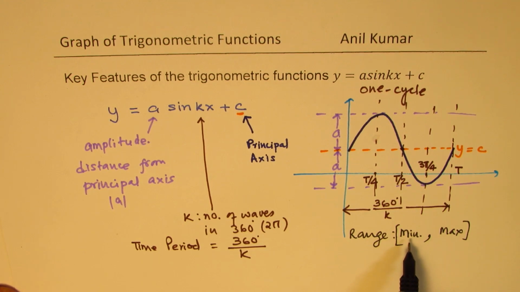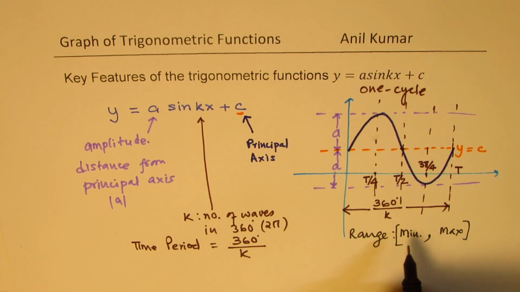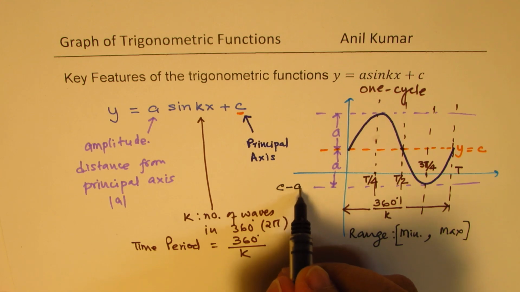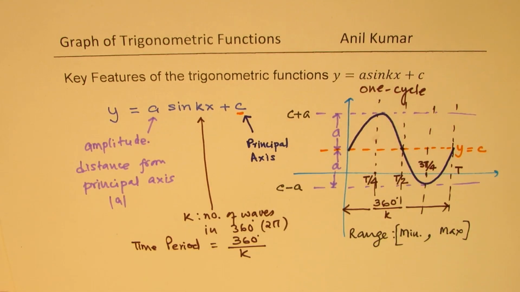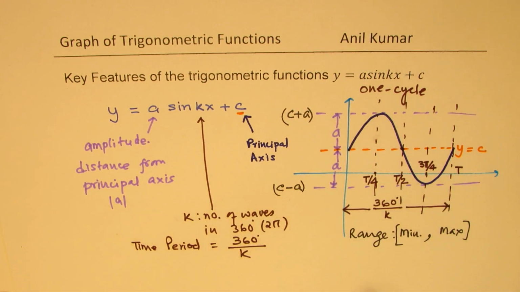Now you see, the minimum value is always c minus a. So the minimum value here, which you see at this point, is c minus a. And c plus a is the maximum value. So that is what maximum and minimum are.